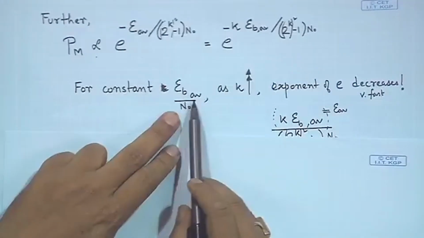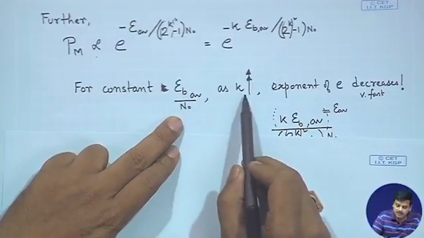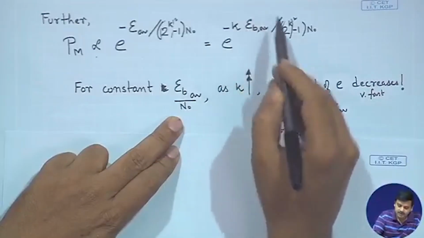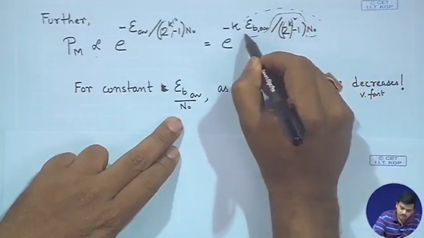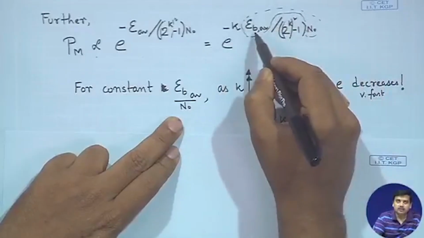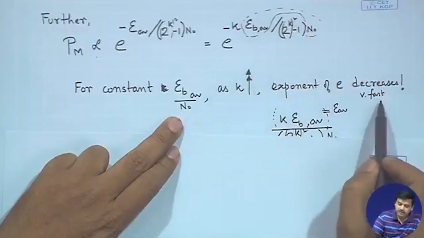For constant E_b by N_0, as k increases, so we are maintaining this ratio as constant, because average bit energy is constant, the exponent of e decreases very fast.